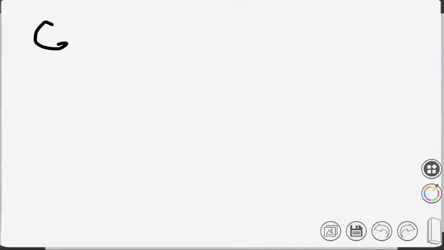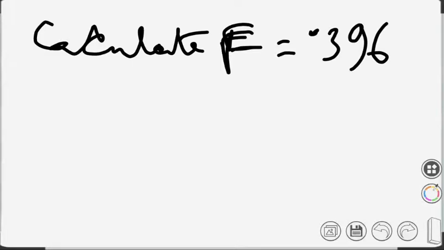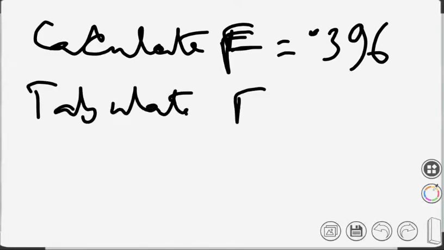So calculated value of F is 0.396 and tabulated at how much? Tabulated F with degrees of freedom how much? What will be the degrees of freedom? 3, 14.